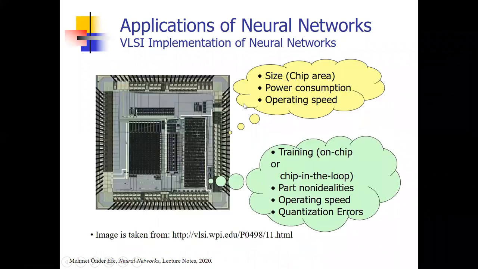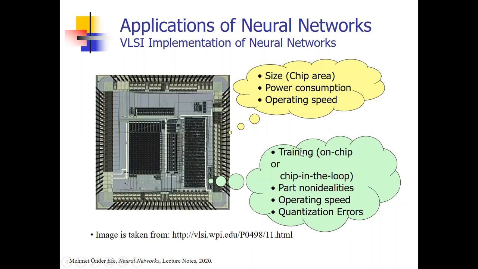Okay, so in the digital domain, it is possible to obtain more versatile neural networks. In those cases, the size, chip area, power consumption, and operating speed are important parameters, and I have seen many master's theses that consider power consumption or chip size or whatever.